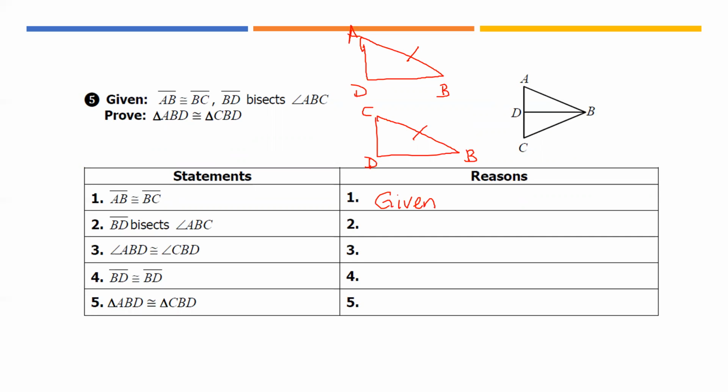It says BD bisects angle ABC, that was given. And now I see this vocabulary word, bisect. BD bisects angle ABC. That means that these two angles have to be congruent. So in my picture, that would be here. So angle ABD is congruent to angle CBD. That's the definition of an angle bisector.